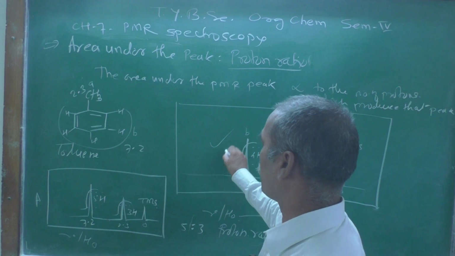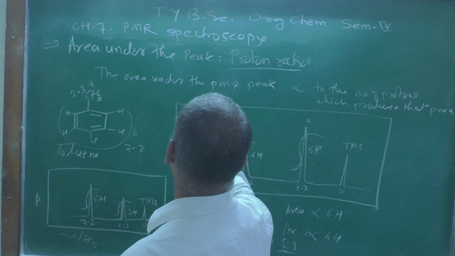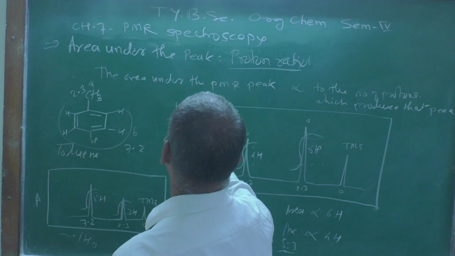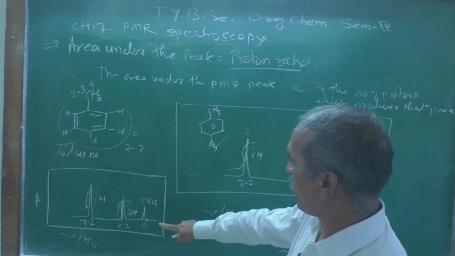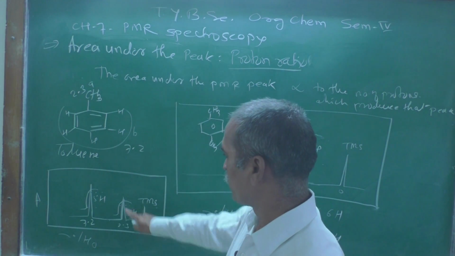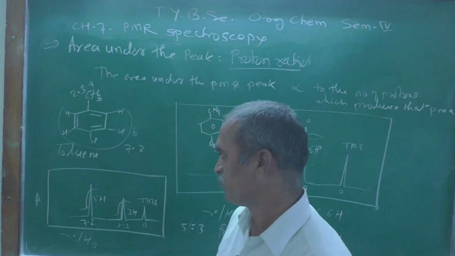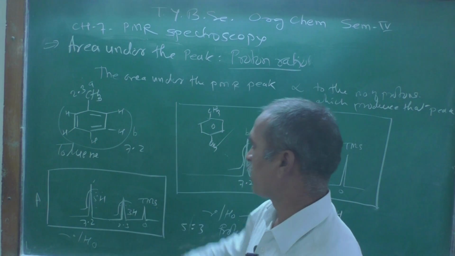Now look at paraxylene. This is the structure of paraxylene with CH3 groups. The signals are different. The height of the signal here is less and therefore the integration is also less here, and this peak is taller than this one.